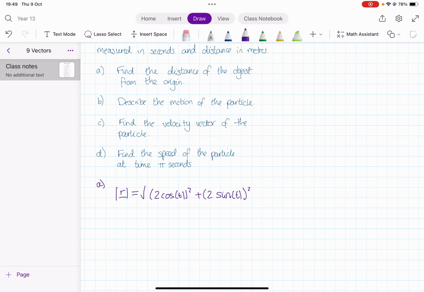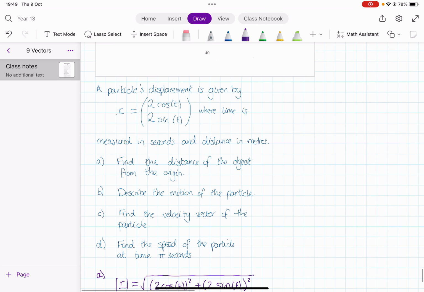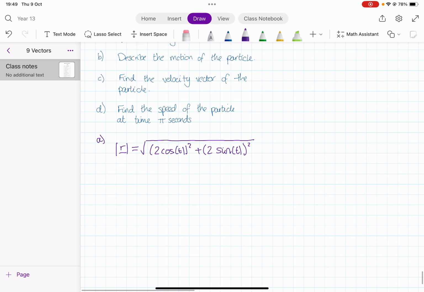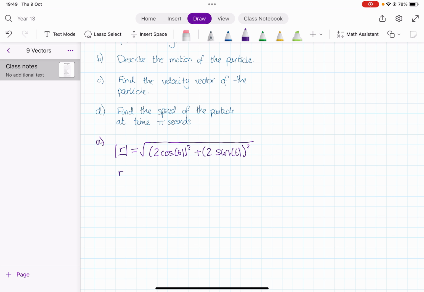Maybe you've had a think about what this motion will look like, having a cos function for our x displacement and a sine function for our y displacement. Right, I'm going to apply these squares, so we'd get 4 cos squared t and 4 sine squared t.